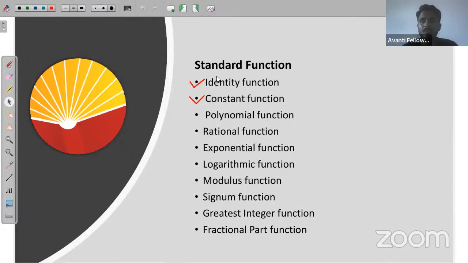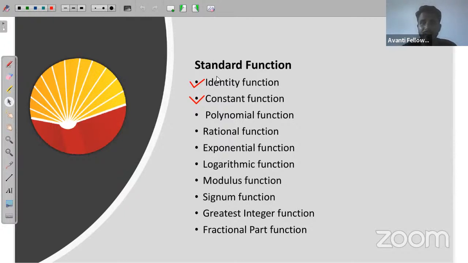Yes or no? What I told you at that time was that for each function listed here, we'll see its corresponding domain, codomain and range. Along with that, we'll see the graphs of these functions, and apart from that, we'll see some of the properties involved. For each function we are going to see this in detail.